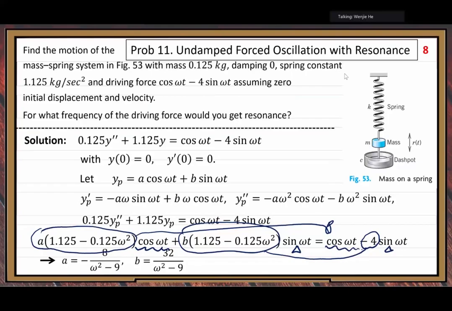The answer is very simple. Let me tell you the answer. These two functions, the cosine function and the sine function, are linearly independent. We did that before, right?